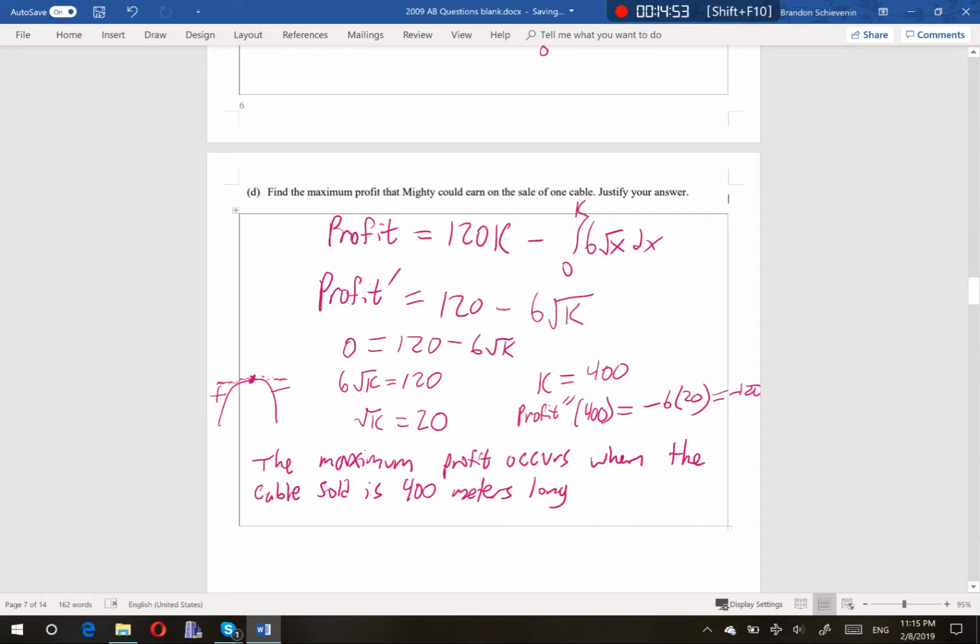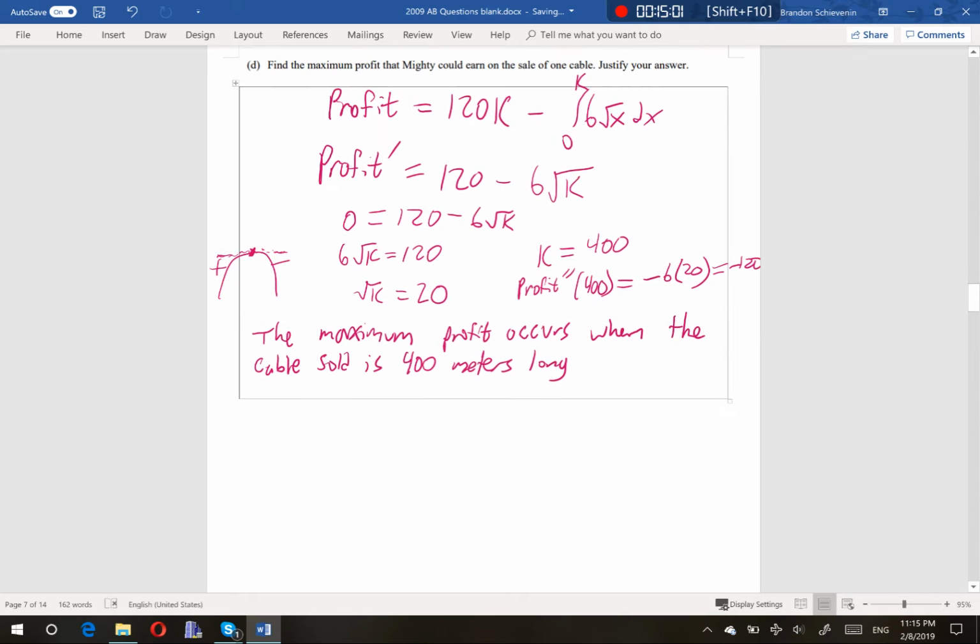And I do need to find the maximum profit, so I actually need that value. So to find that value, I'm going to plug in 400 into our profit equation.